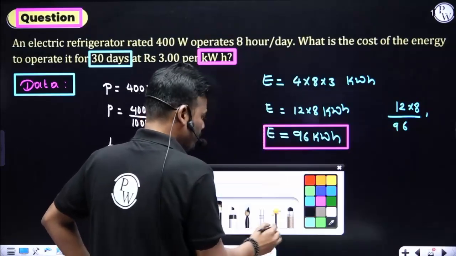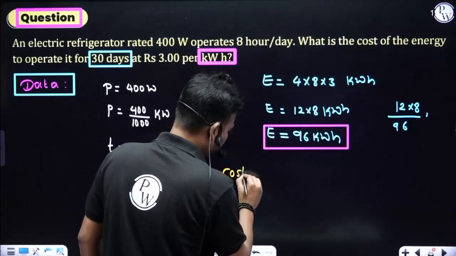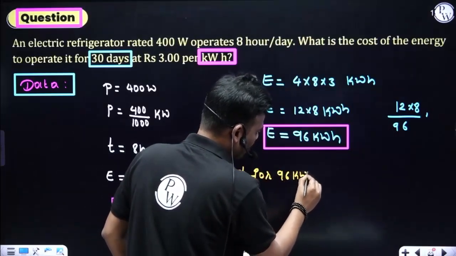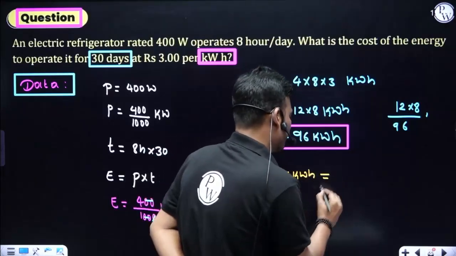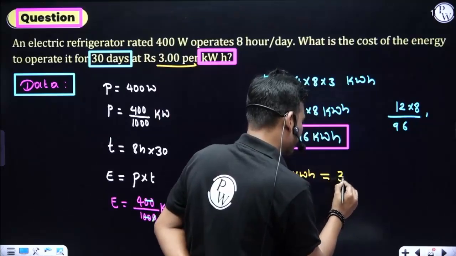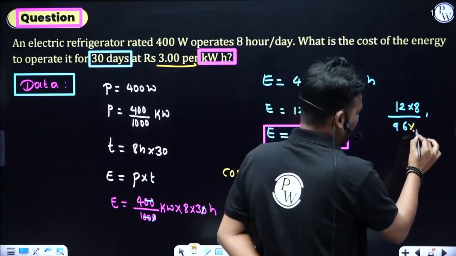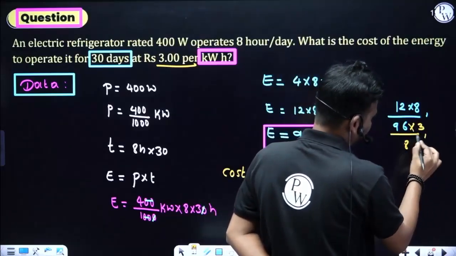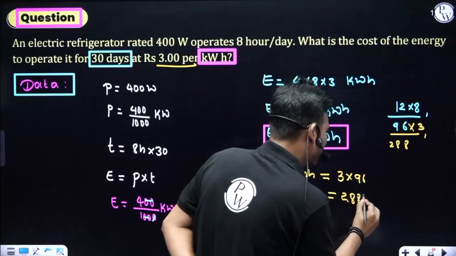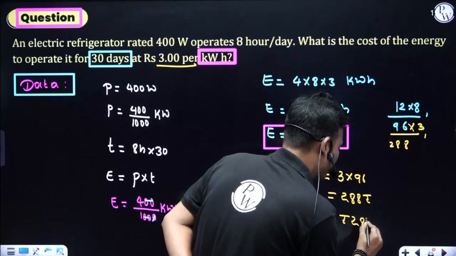And the cost for 96 kilowatt hour, at 1 unit per 3 rupees, is 3 rupees into 96, that is 288 rupees, or else you can write rupees 288.